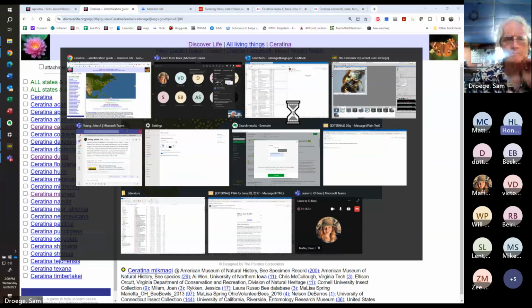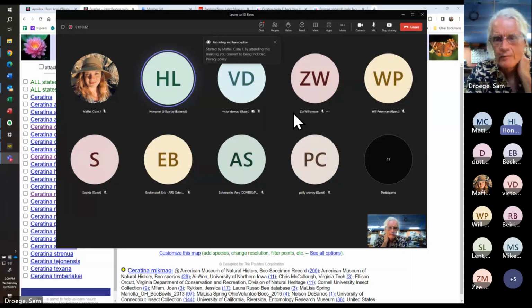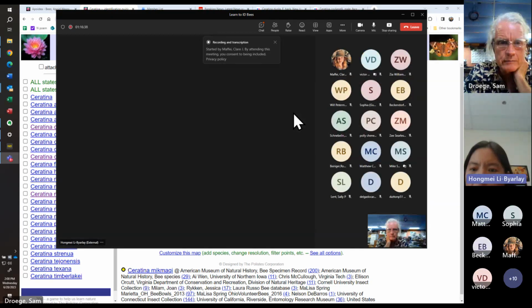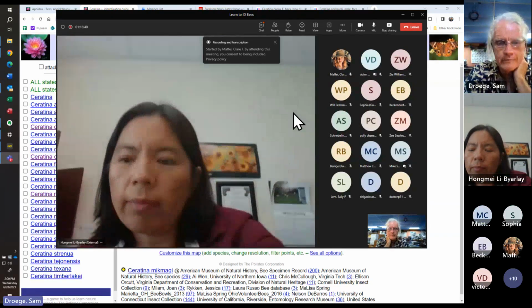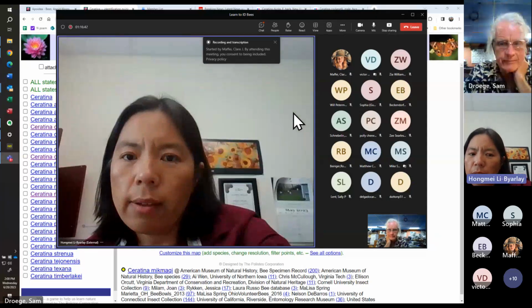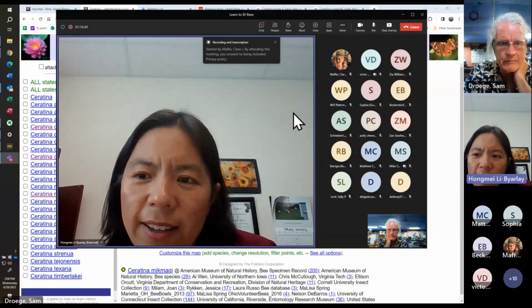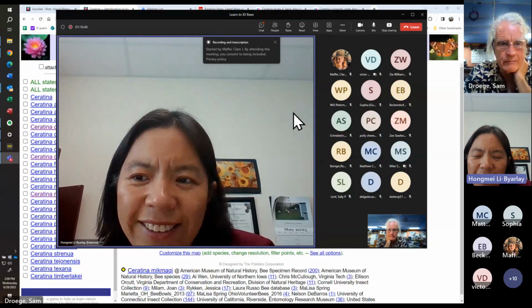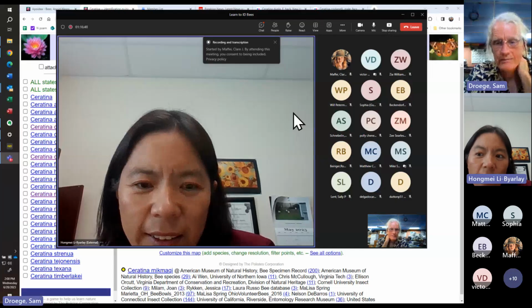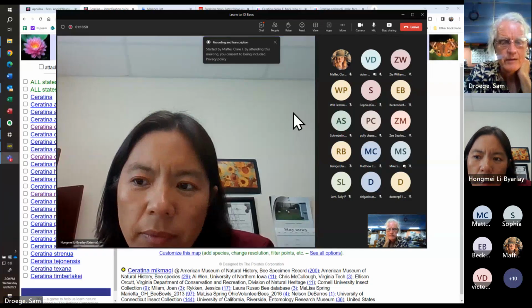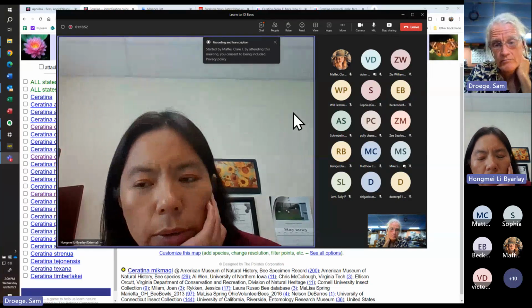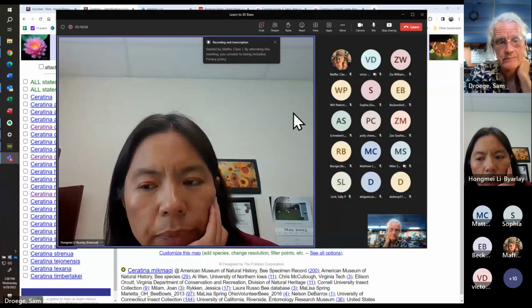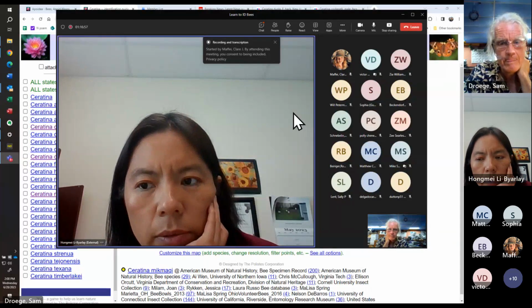So, yeah, I have a question. We have collected a lot of Ceratina here at Ohio. Do you think the majority of them are just calcarata species, or do we need to do any particular identification?